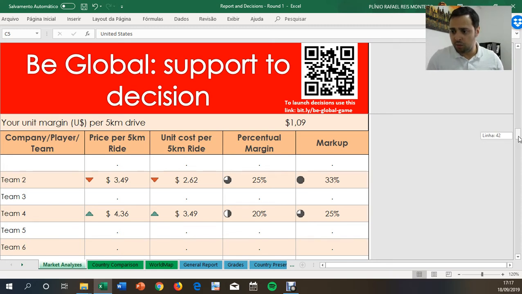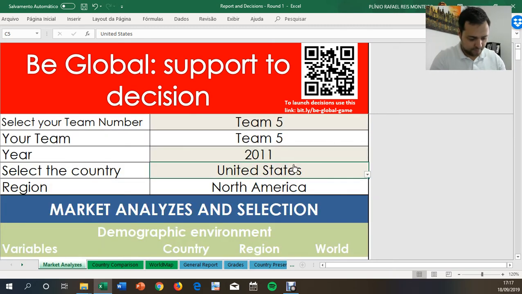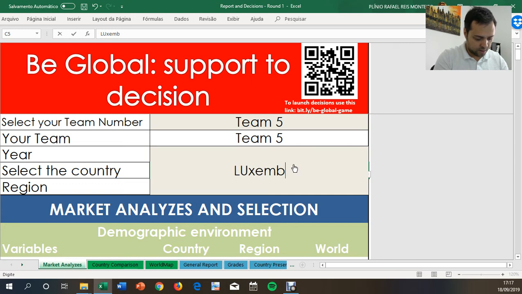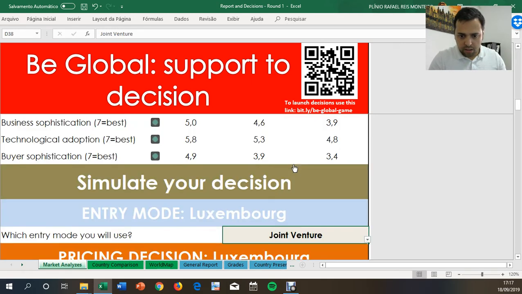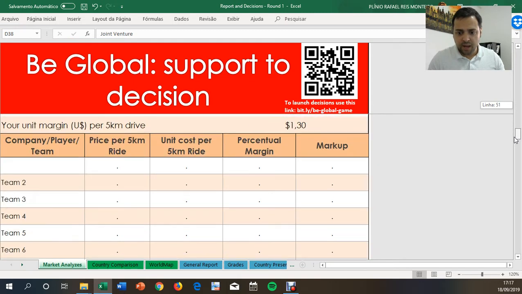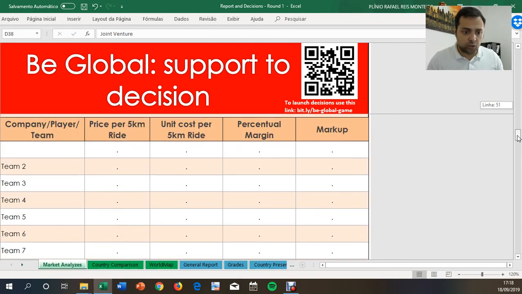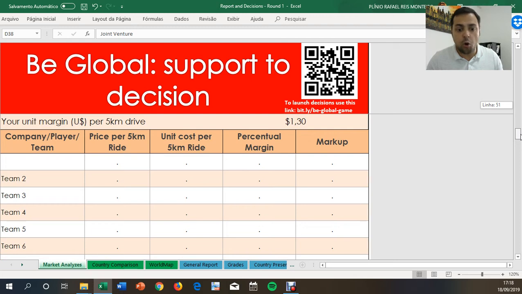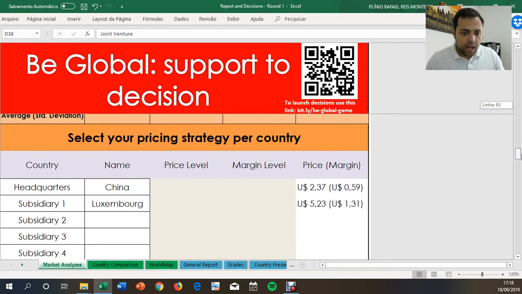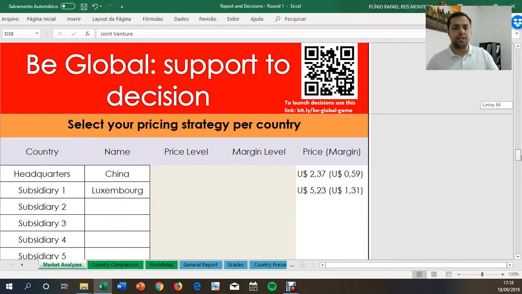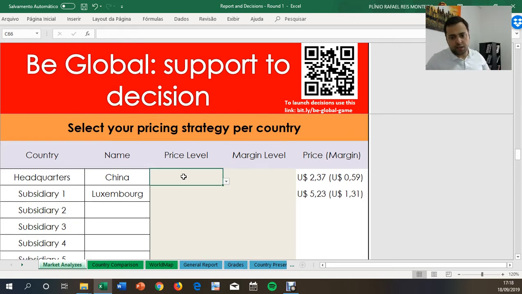Okay, so let's move back to Luxembourg. Now I'm looking at the data on Luxembourg, and there are no competitors there. Because of that, it's not possible to compare anything. And as you can see here, to select the price strategy, now you can change and analyze the price strategy not only for this country, but also for other countries that you're operating.